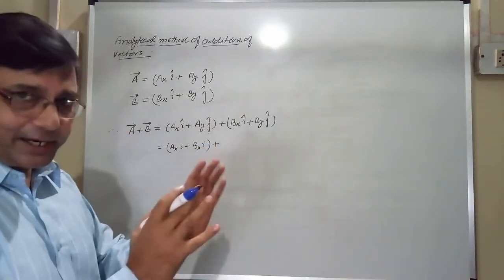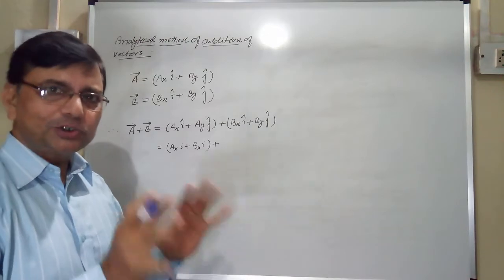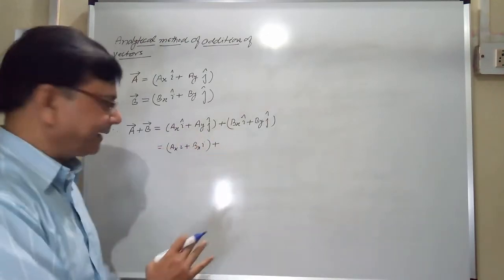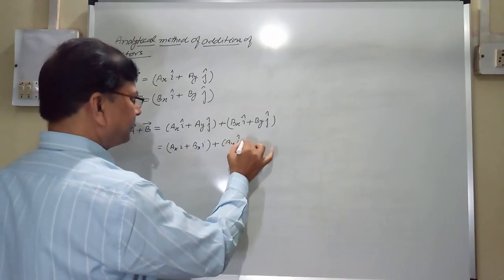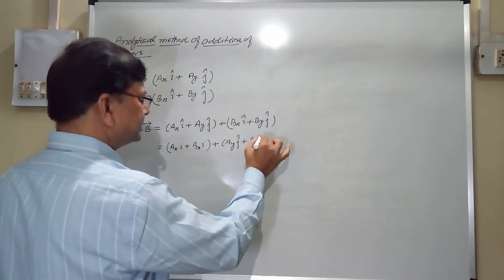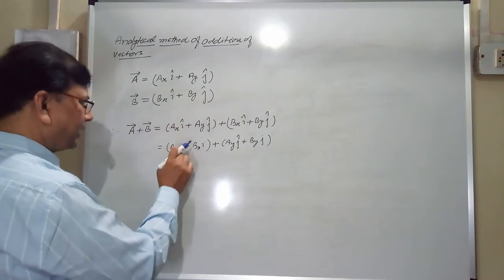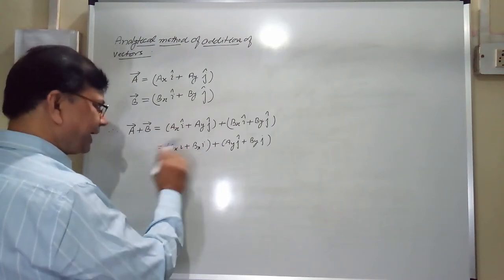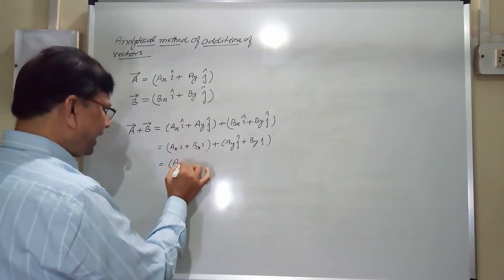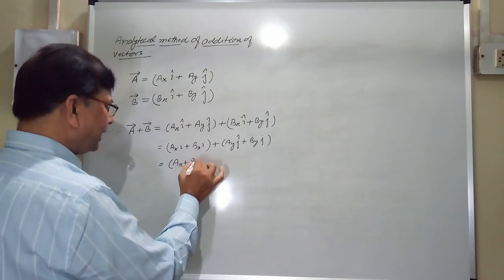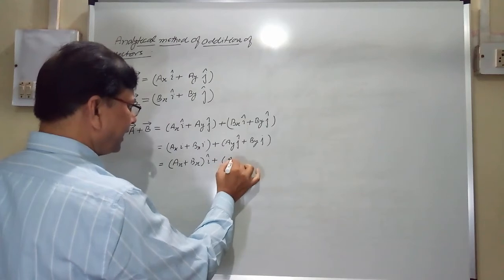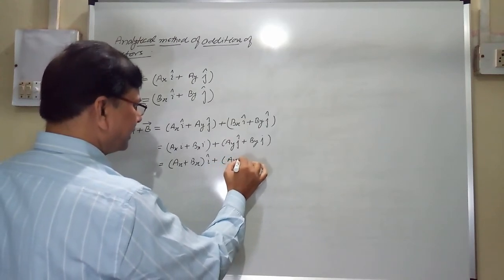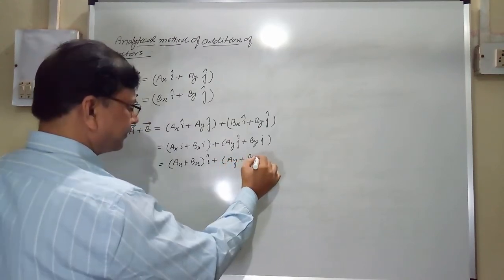That concept will be used over here. Similarly ay j plus by j. Here j can be taken out because the direction is the same, and the magnitudes will be added. So (ax plus bx) i plus (ay plus by) j.